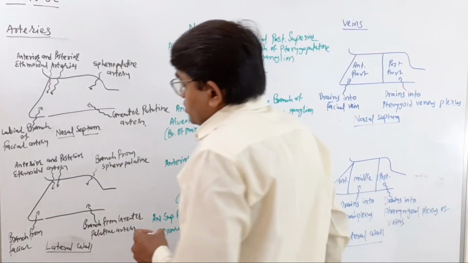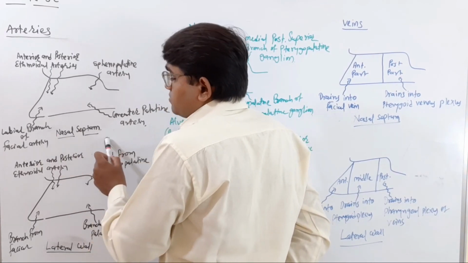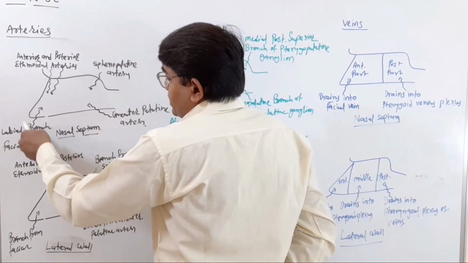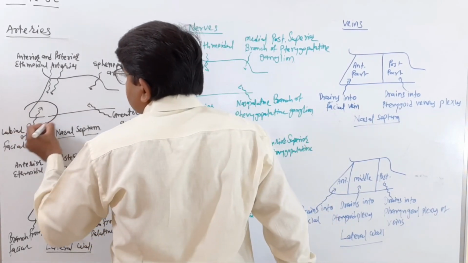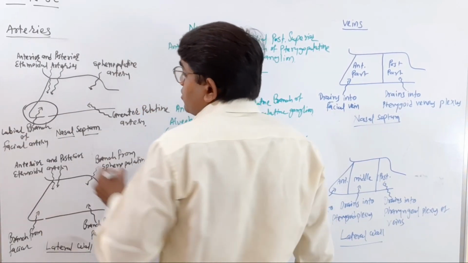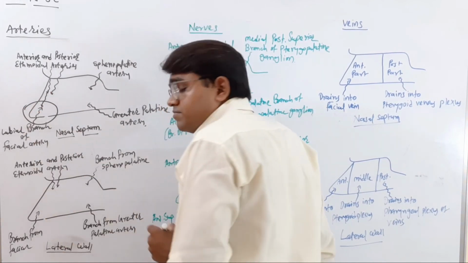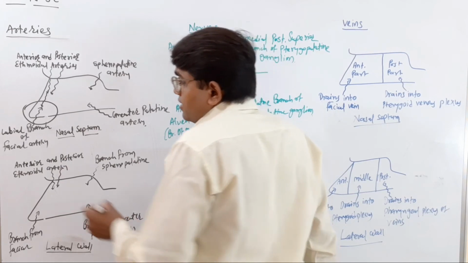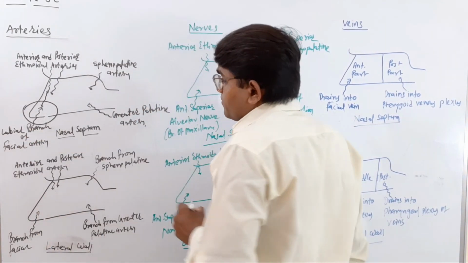Here you can see that in the nasal septum, on its antero-inferior part, the anterior ethmoidal artery is reaching up to that. The labial branch of the facial artery is also present here.